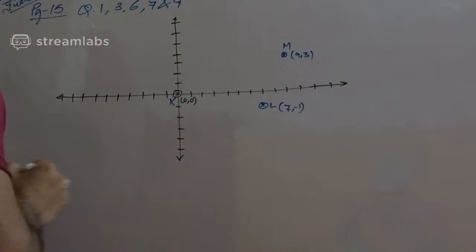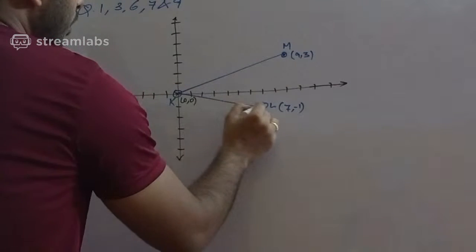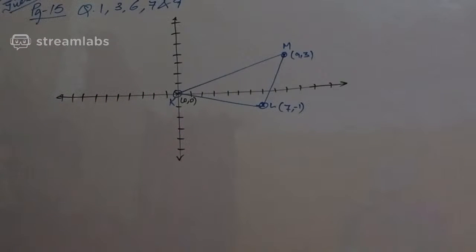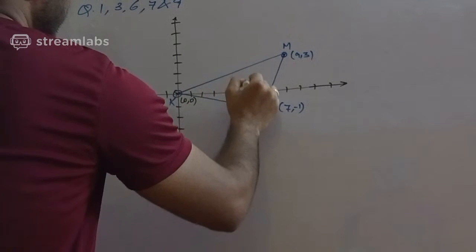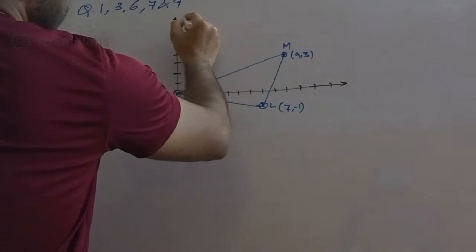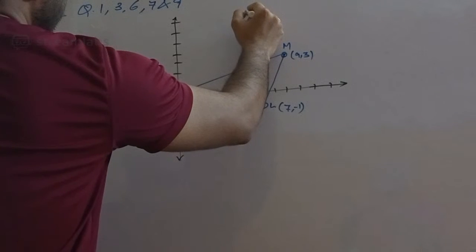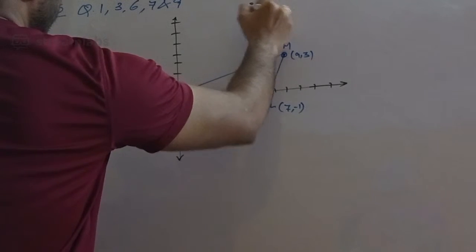So we have to join the triangle KLM. Fine. Similarly, PQR, P is 6 comma 7. This is P, 6 comma 7.